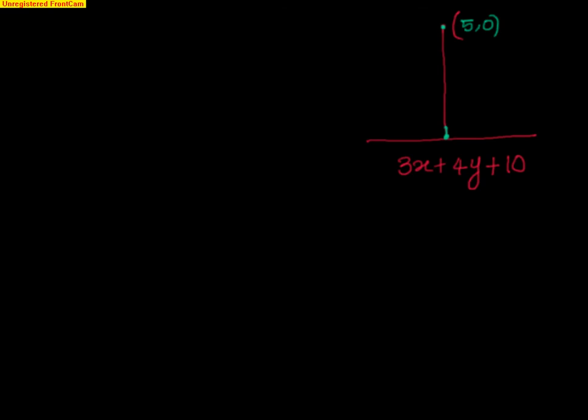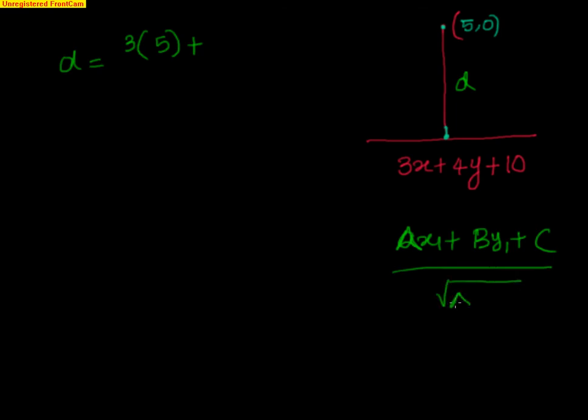So what's the formula? d is equal to a, that is 3, into x1, that is 5, plus, actually the formula is ax1 plus by1 plus c by square root of a square plus b square. This is a, this is b, this is c, this is x1, this is y1.